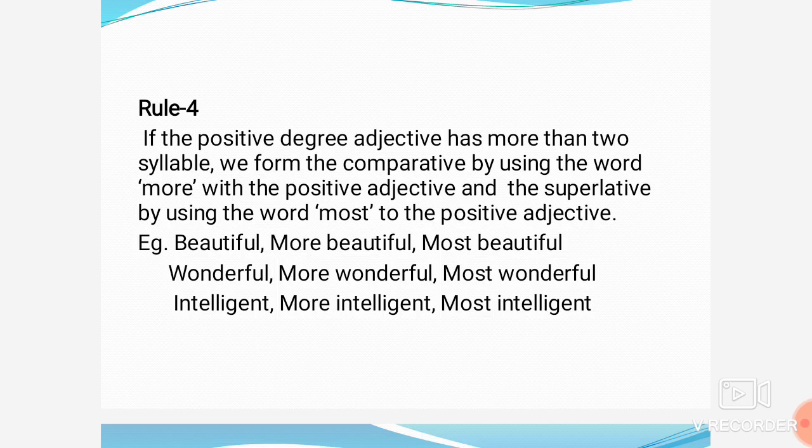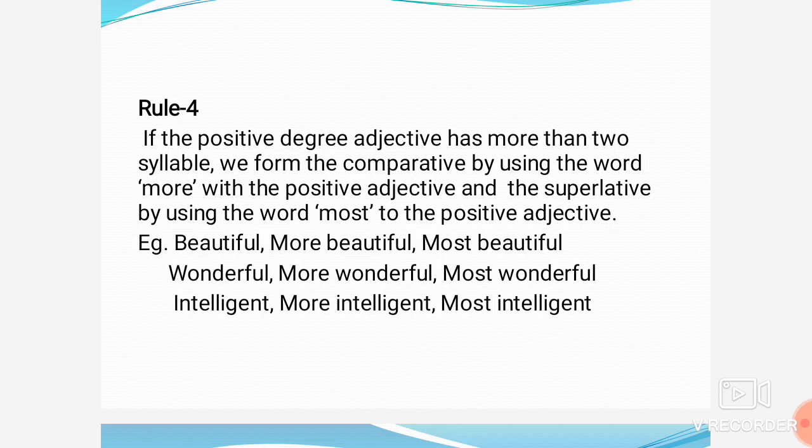Okay? And when you change it to comparative degree, we use the word more before the positive degree. And when you change it to superlative, we use the word most before the positive degree. For example, beautiful.